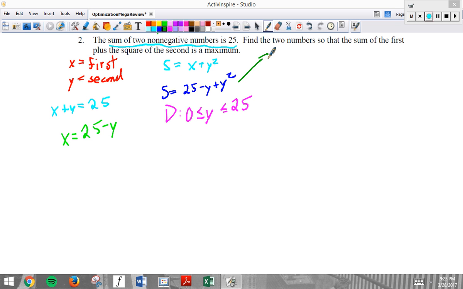So if that's S, S prime equals negative 1 plus 2y. S prime equals 0 when y equals 1/2.